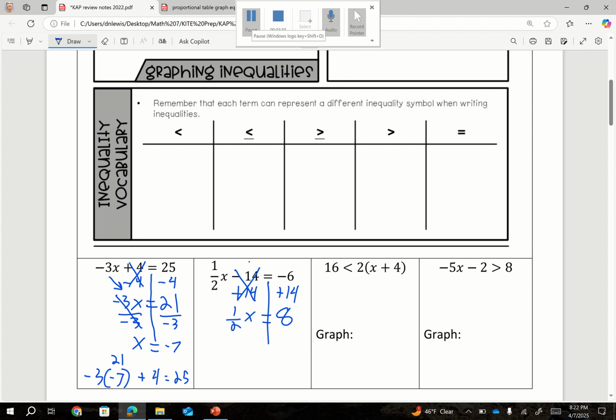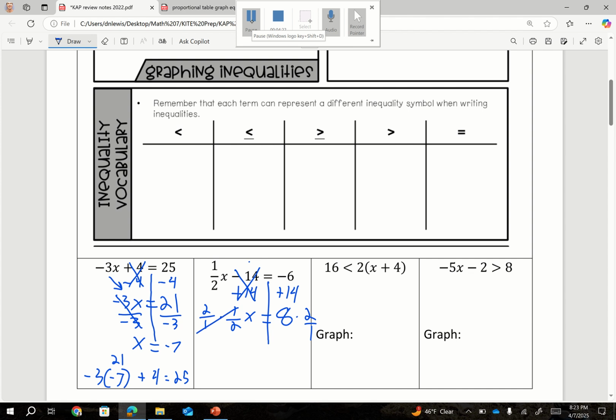Okay. Now, this is 1/2 times x. It is multiplication, so I could divide by 1/2. All right? If you had a calculator, you could just divide by 1/2. But we should know that when we divide by a half, it's like multiplying by 2. To divide fractions, you multiply by the reciprocal. So I can just go ahead and multiply by the reciprocal.